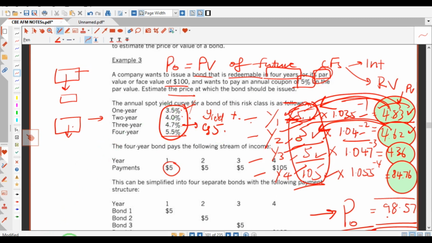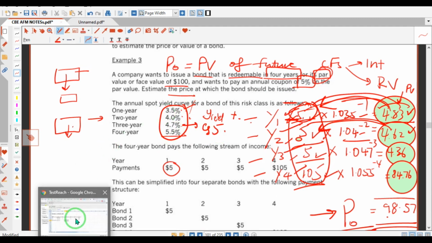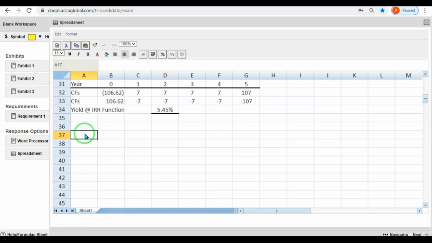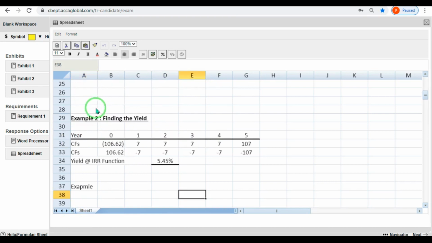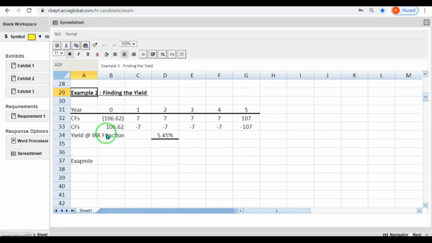Valuation. Let's put all this in the platform here. So we're going to go to example. Okay, why am I typing it and suffering? So this is going to be example number 3. Is that okay?